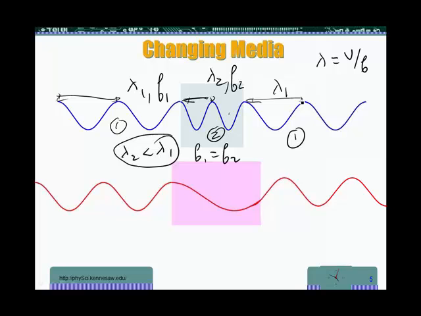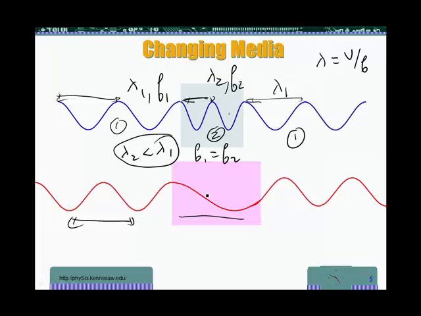Now, what we have here in red and pink is exactly the opposite. So here we have a particular wavelength, and you notice here the wavelength is much bigger. We cannot see it in this pink area here. We have half a wave here approximately.